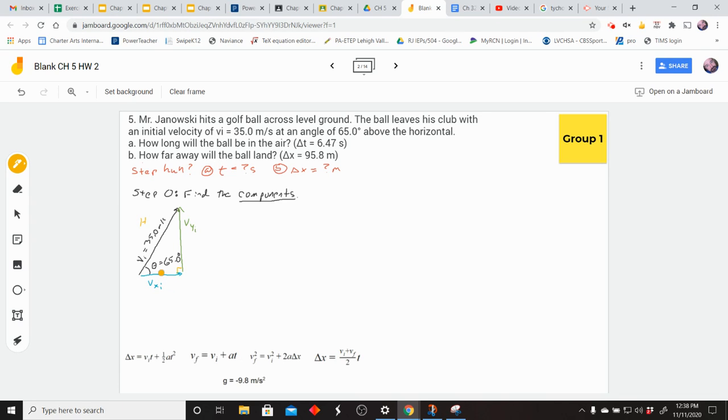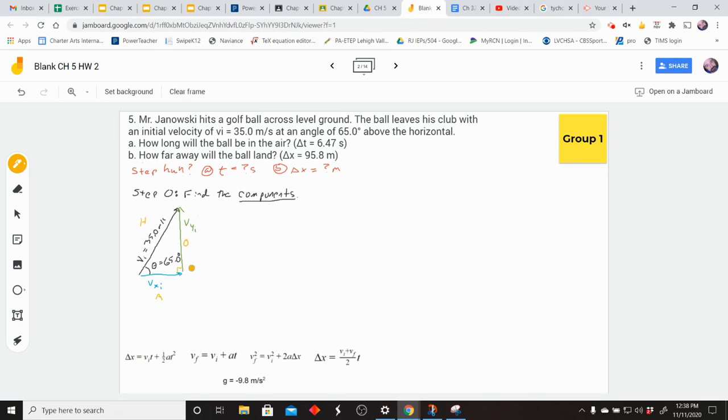So is this side adjacent or opposite to the angle we're working with? Well, here's the angle we're working with, and Vx initial is touching this one. It's next to it, which means this side is A. And therefore, this side over here is opposite the angle, all the way across the triangle. So this side over here is O. I'll write it right here.